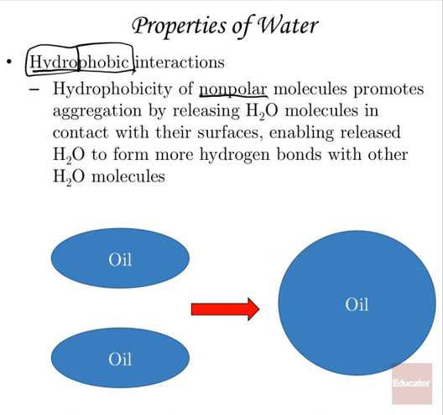So imagine that this oil is in an aqueous solution of water, right? So it's surrounded by water molecules. Well, the water wants to interact with other water molecules more than it wants to interact with oil.